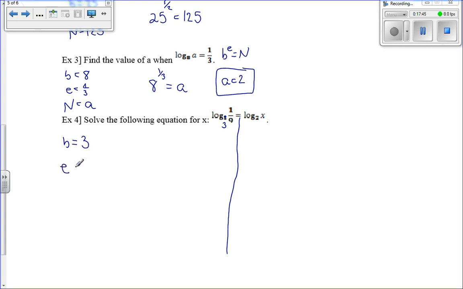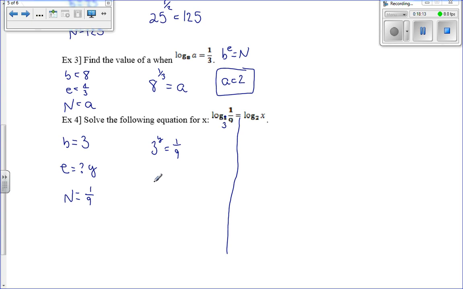E, we don't really know, so we'll name it a variable, and since we're solving for x, I'll use the variable y. And n is the 1/9 portion. So I'm going to put it into bend form, exponential form. So 3 to the y equals 1/9.